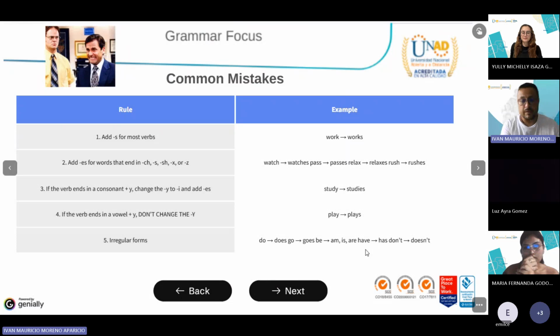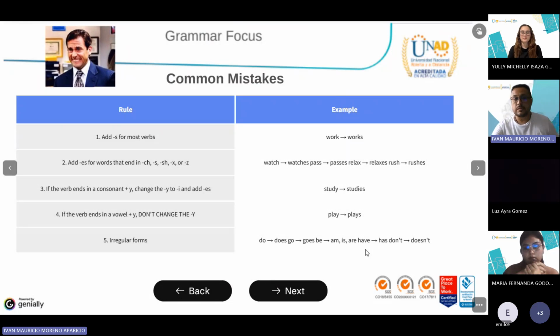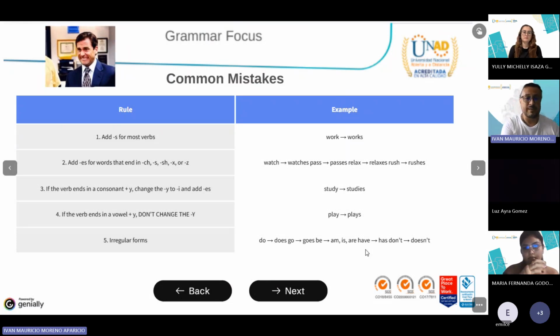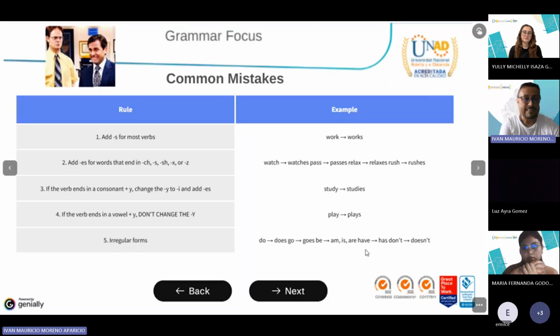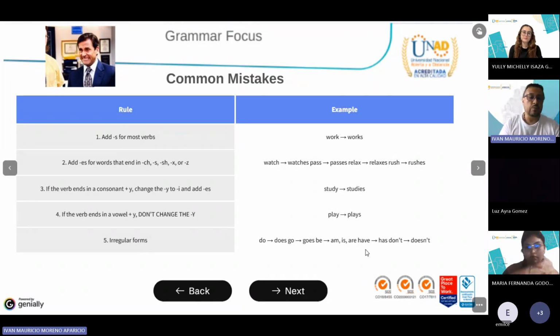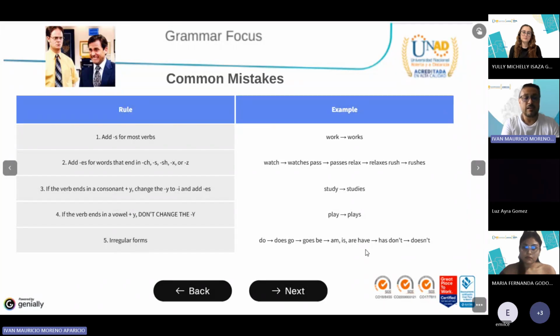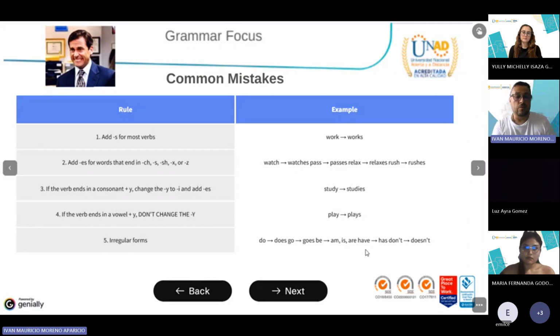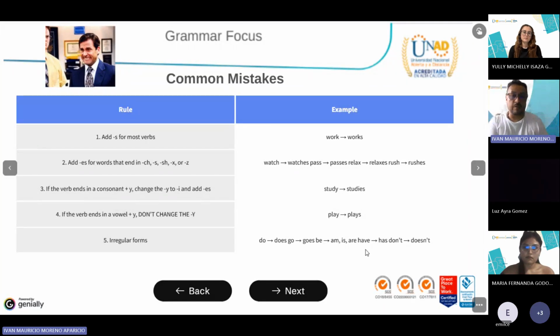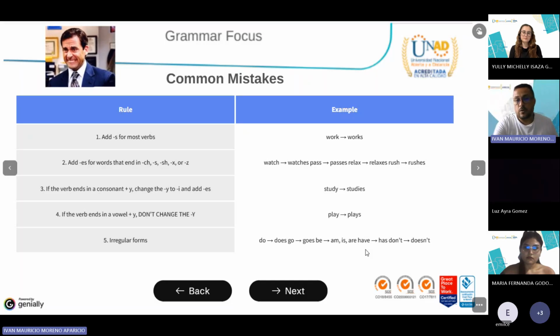Common mistakes, right? When we use the present simple, sometimes we make very, very common mistakes, especially when we are learning, right? Sometimes we forget to add the S or to modify the verb when we talk about the third person. For example, for work, we say works, right?